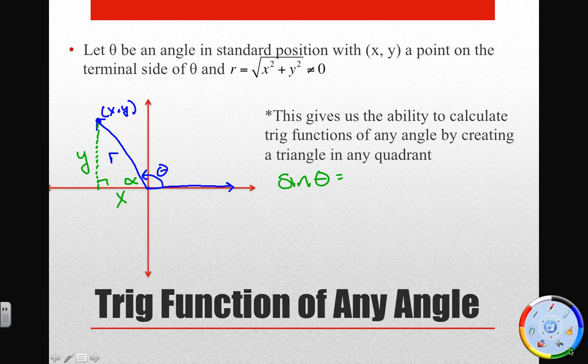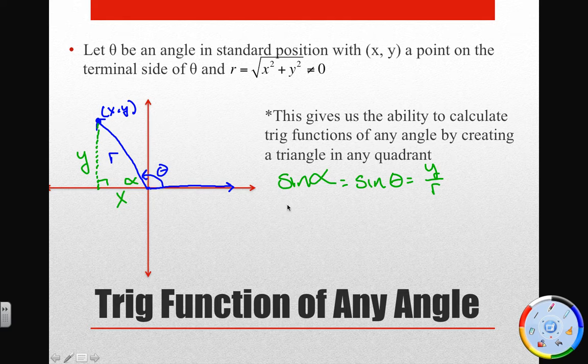Let's go ahead and call it alpha because I don't want to confuse us here. Sine of this angle alpha is actually going to equal the sine of theta because it's the same terminal side. And we know that sine of alpha is opposite over hypotenuse, so it's going to be y over r.